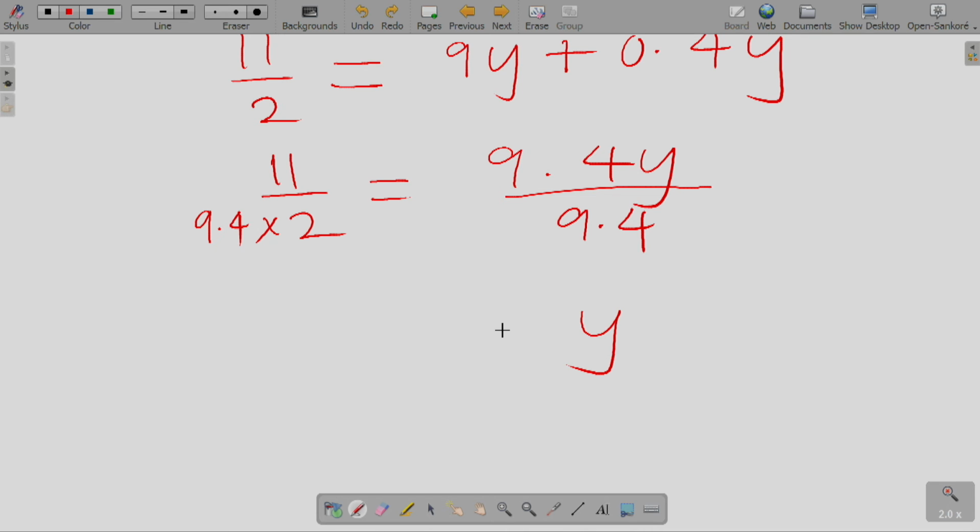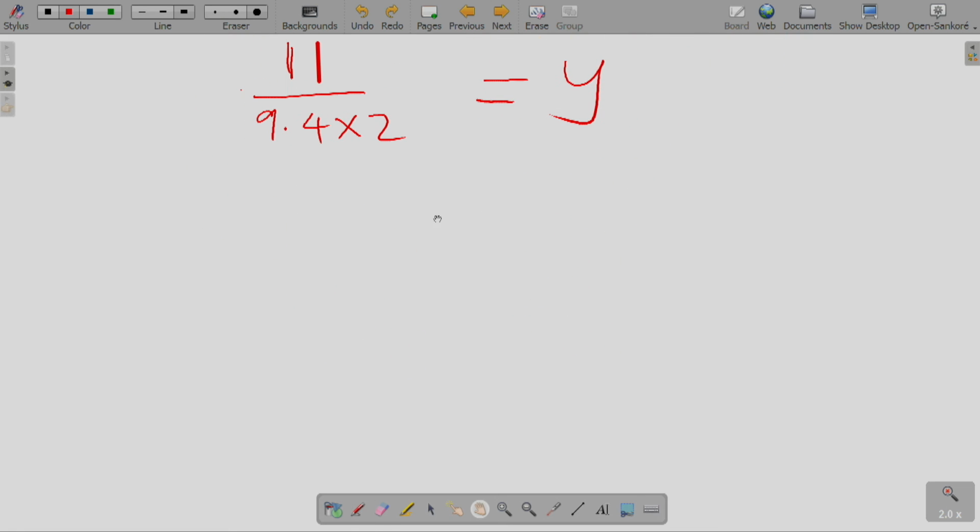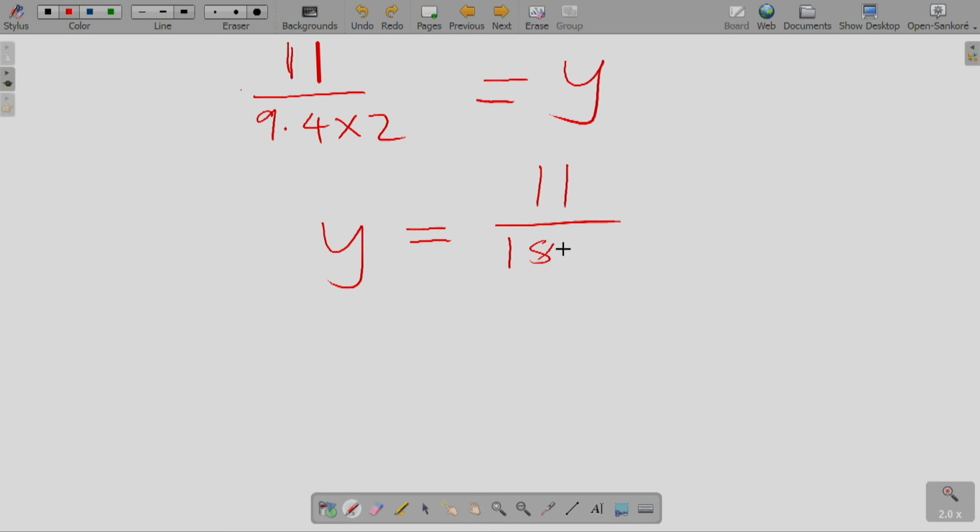It will remain only y equal to 11 divided by 9.4 times 2. So we'll get y equal to 11 divided by 18.8.